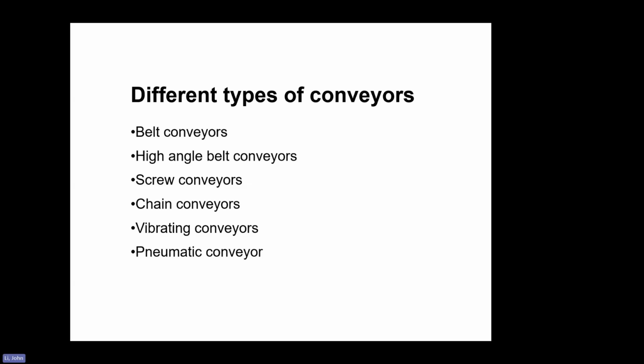We usually use these main conveyor systems: belt conveyors, high angle belt conveyors, screw conveyors, chain conveyors, vibrating conveyors, and pneumatic conveyors.